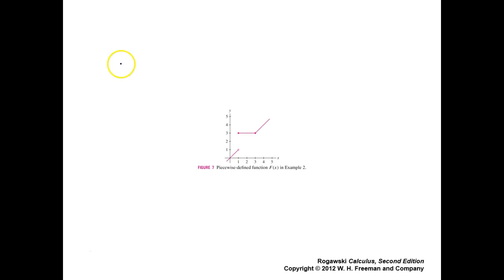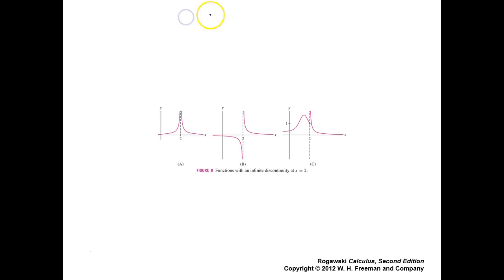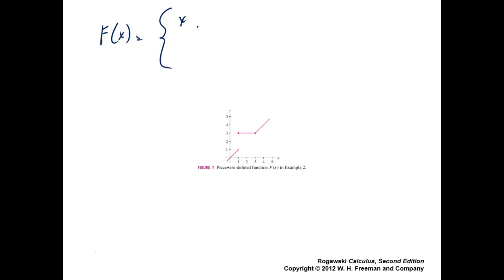So here's your function, and they put it as a capital F of X. I don't know why. You can name it anything you want to. F of X is a piecewise defined function. It's defined as x for all x's less than 1.